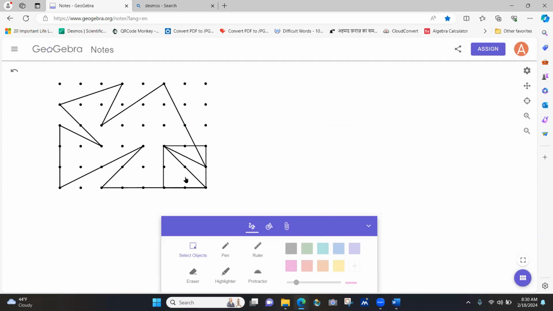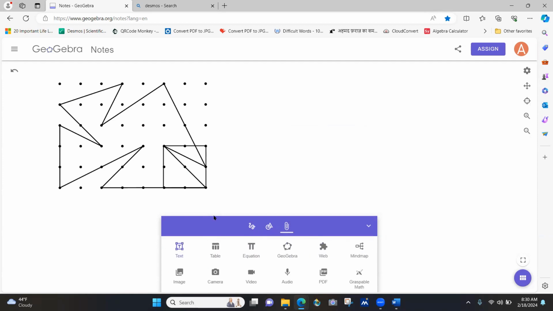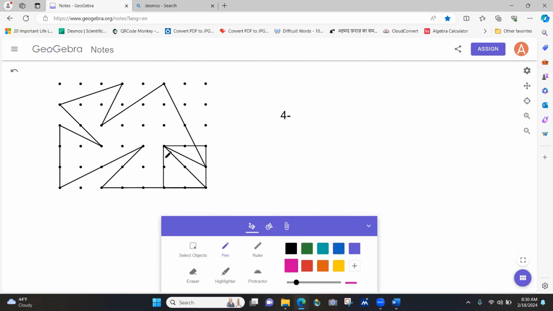This square or rectangle, whatever you want to call it, has an area of 4. And this triangle has an area of 2 because it's 2 by 2, which is 4. 4 divided by 2 is 2.